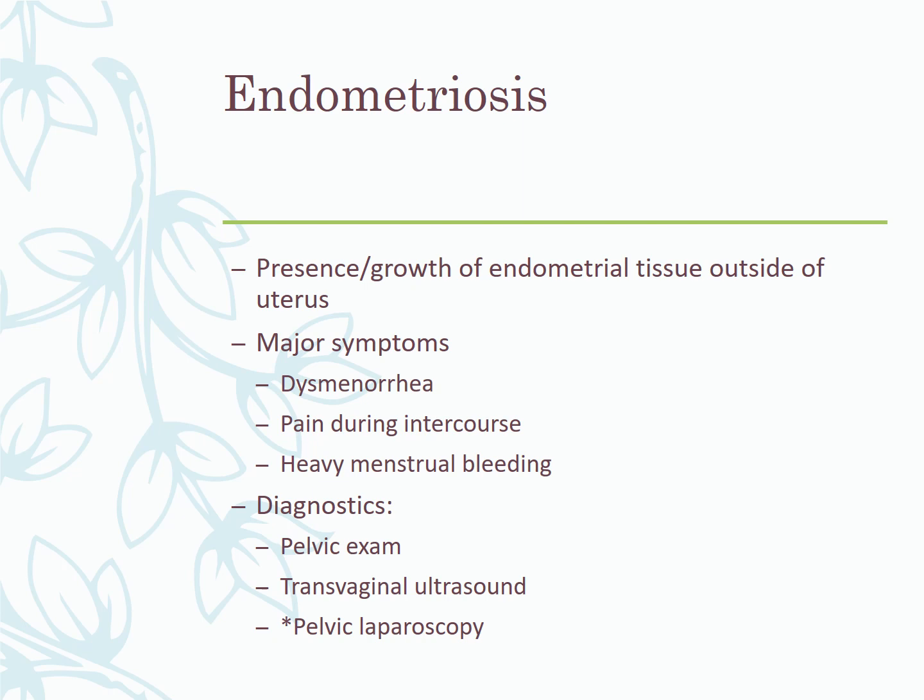That may not reflect the extent of the disease, and that's oftentimes why we have to go in and do a laparoscopy. Pain often lasts longer than normal menstrual cramps, may get worse as the period continues, and may not go away until after it ends. Patients may also experience painful intercourse and suffer from infertility due to it.